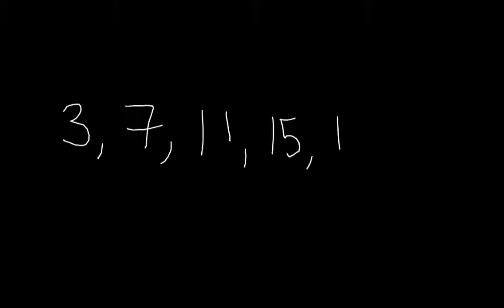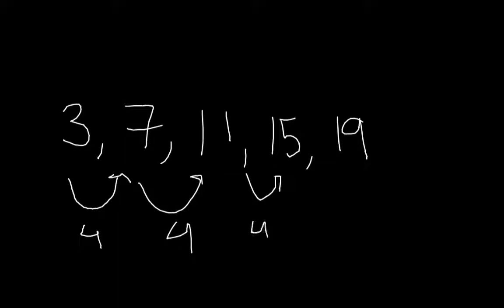So let's say I have this sequence 3, 7, 11, 15, 19, and you see what is the difference between them. It's 4, 4, 4, 4. So when there is a difference that is common for each and every term, that kind of series is called AP.